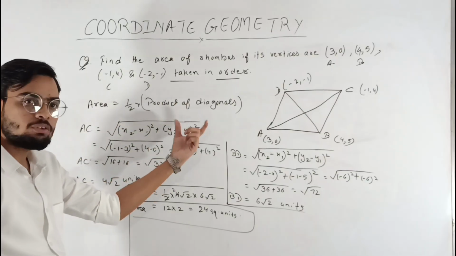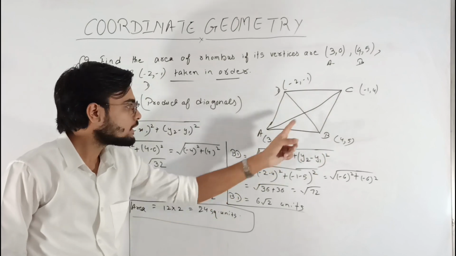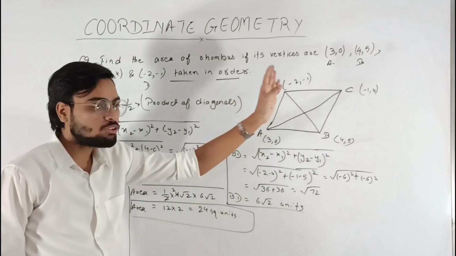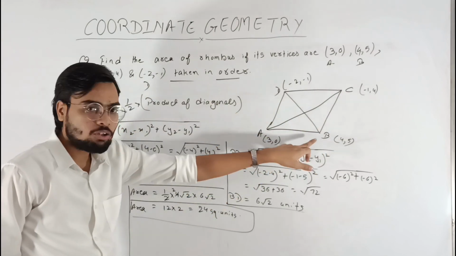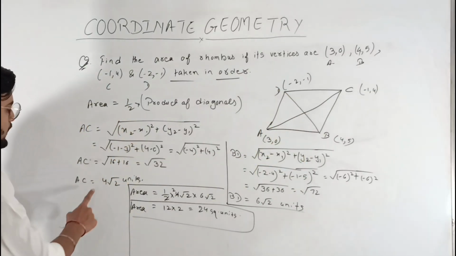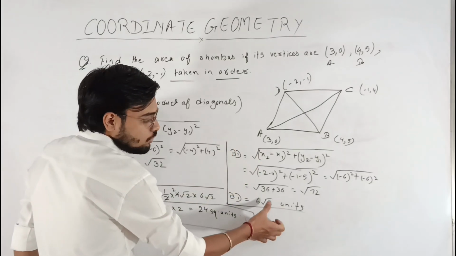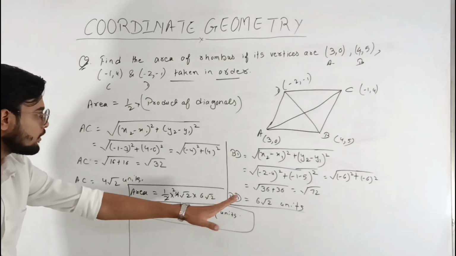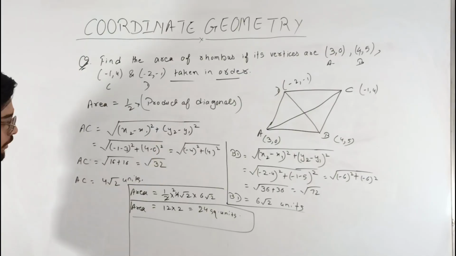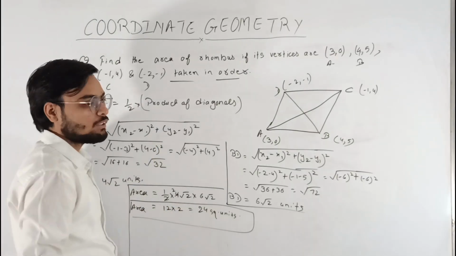So for the product of the diagonals we first find the diagonals, AC and BD, using the distance formula. For AC, the distance is 4 root 2 units, and for BD, it is 6 root 2 units. Then the area is half into 4 root 2 into 6 root 2, so the area we get is 24 square units.